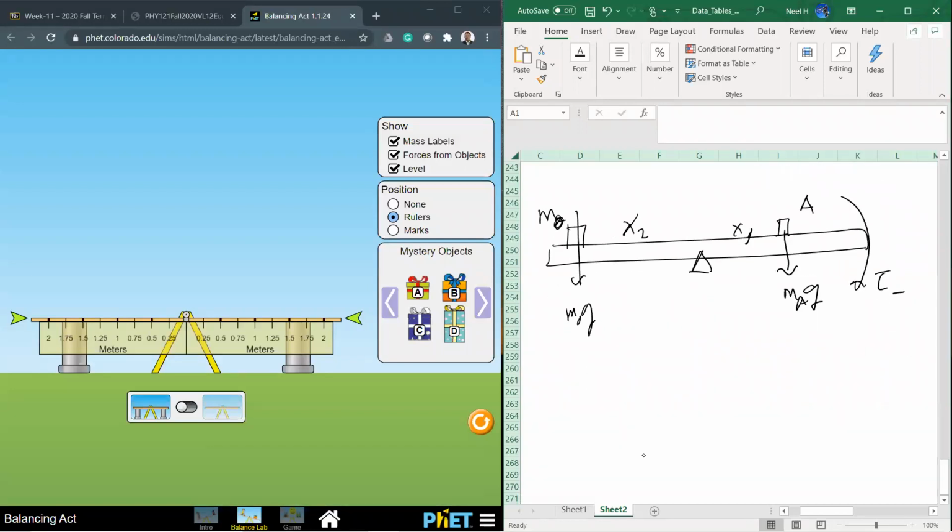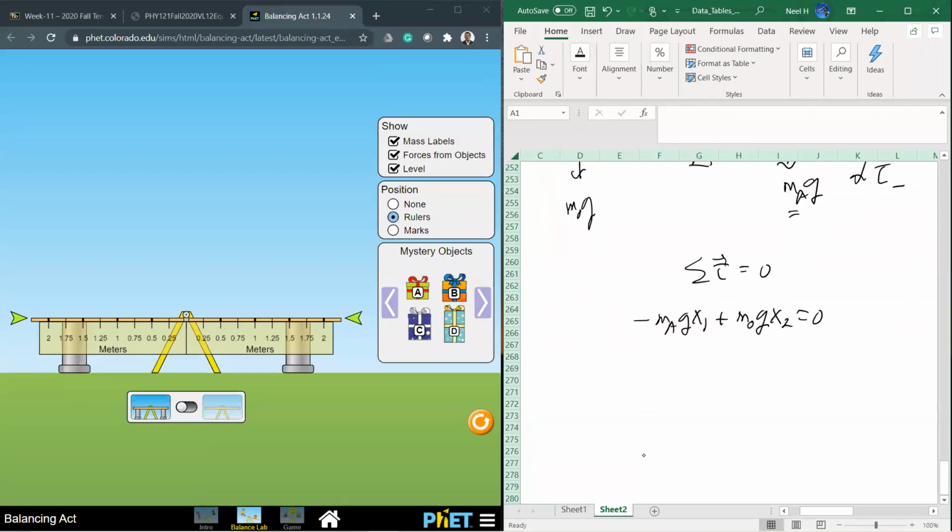Then you can use the torque method to figure out what this mass is, right? We know if it is balanced, net torque should be 0. So I have negative mag times x1, plus m0g times x2, equals 0.